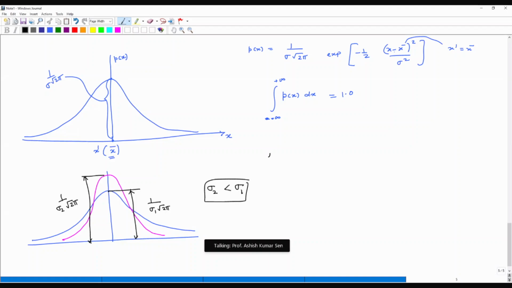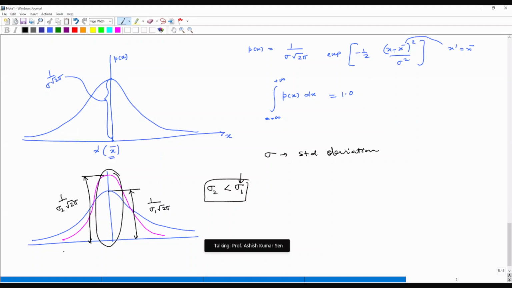And sigma, we said, is the standard deviation in the data. That means if you do a measurement and you get a large sigma, your data points are varying a lot; the spread of the data is higher. When the standard deviation is less, the spread of the data is less, which means more data is concentrated around the mean value.